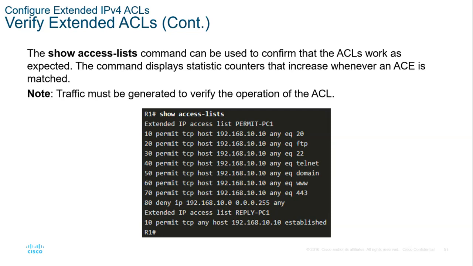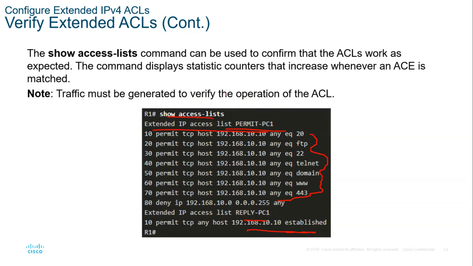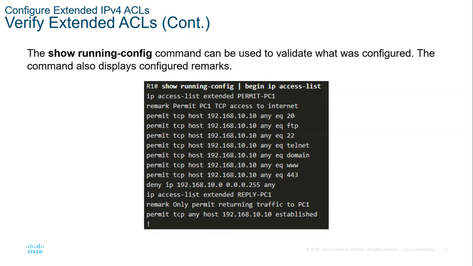Verify extended access control list: show access list, all the entries are here, and this one from the internet. So in the previous one we used show access list, and here we have show running-config begin with IP access list.